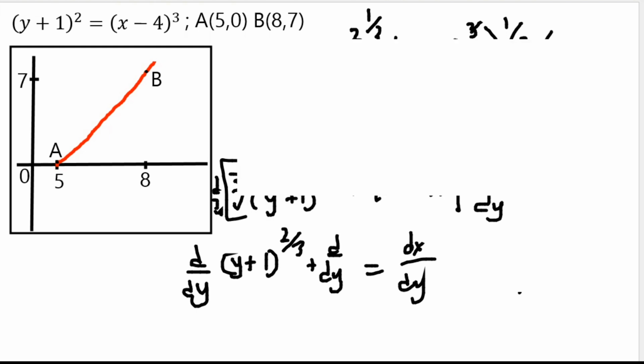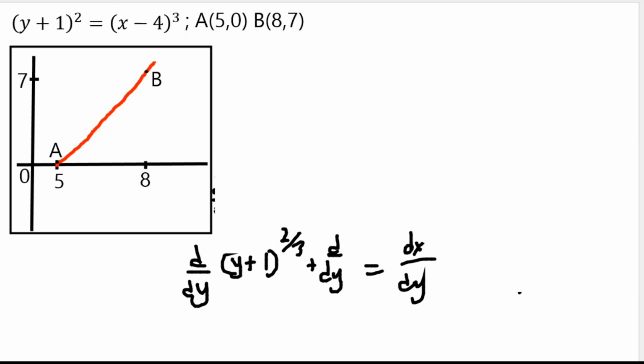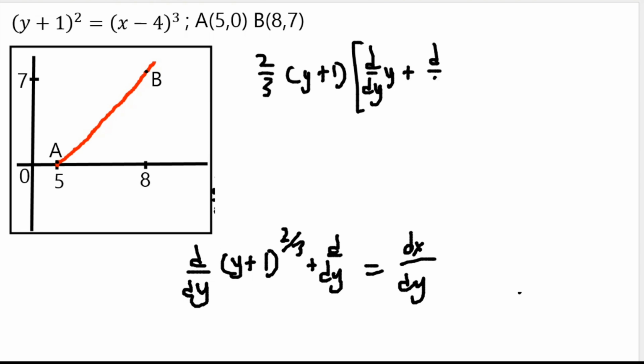So now let me delete the things on the top. Okay, now let's do some derivative things. We got 2/3 here, then we got y plus 1 here. Then we're still going to use the derivative here.